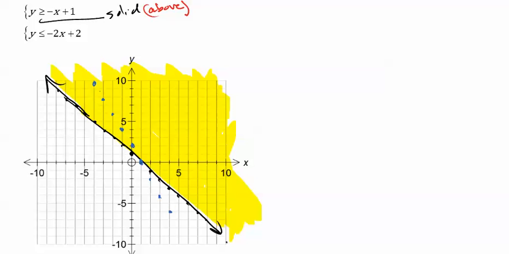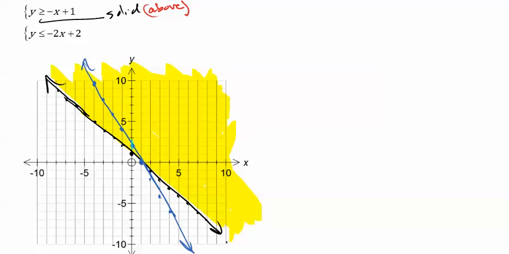So I'm going to shade this one. This is a solid line also. And for this one, I'm actually shading below. This one's not really a special case, but we can look at it anyway. I'm shading below this solid line, negative 2x plus 2.